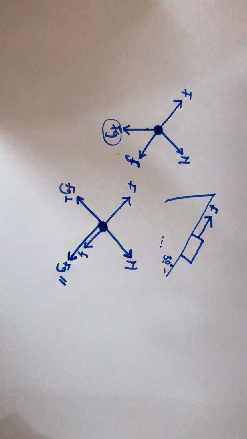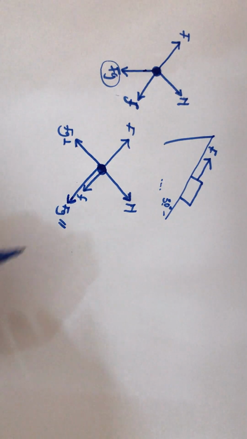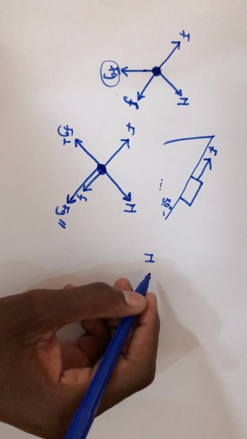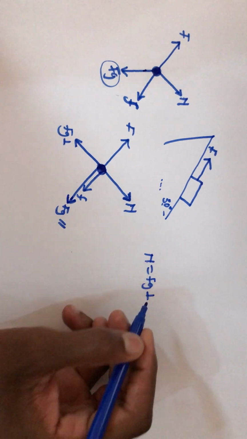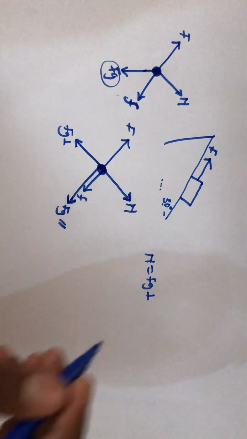Now, how are we going to calculate the normal force? We know that the normal force here is equal to Fg perpendicular. Then what is Fg perpendicular?